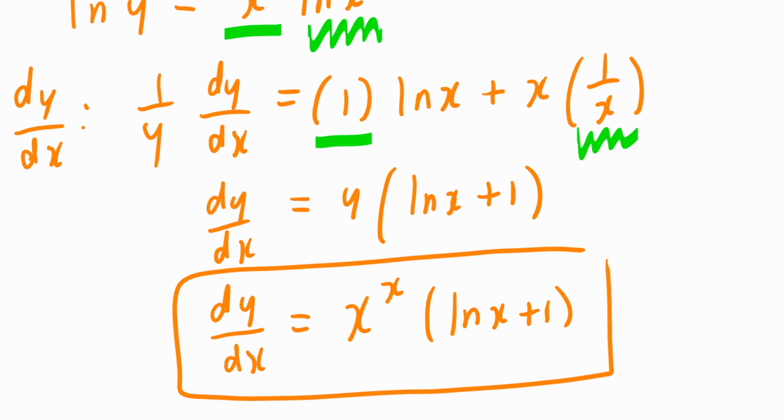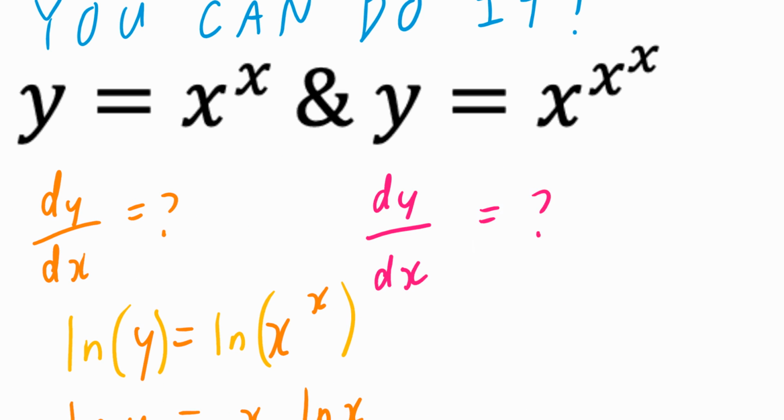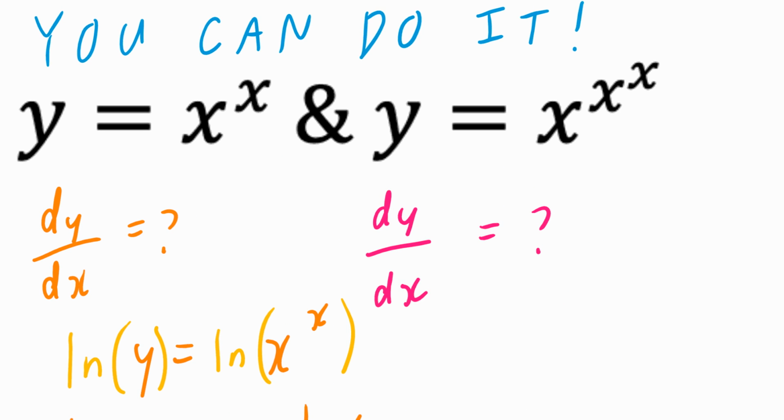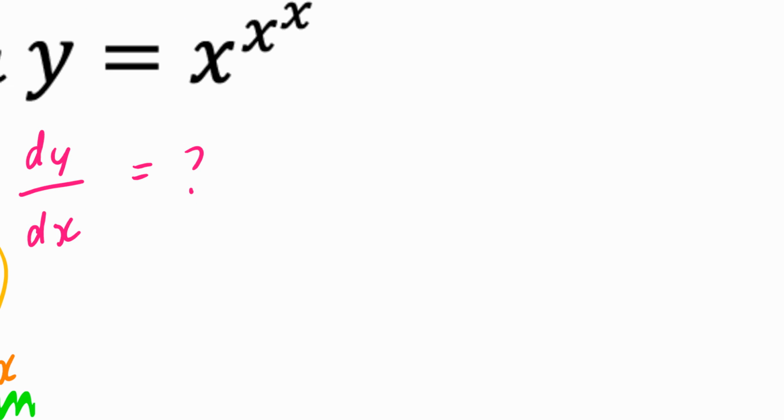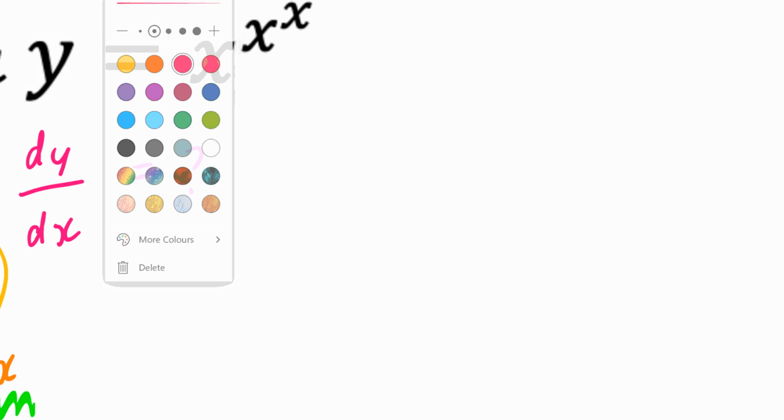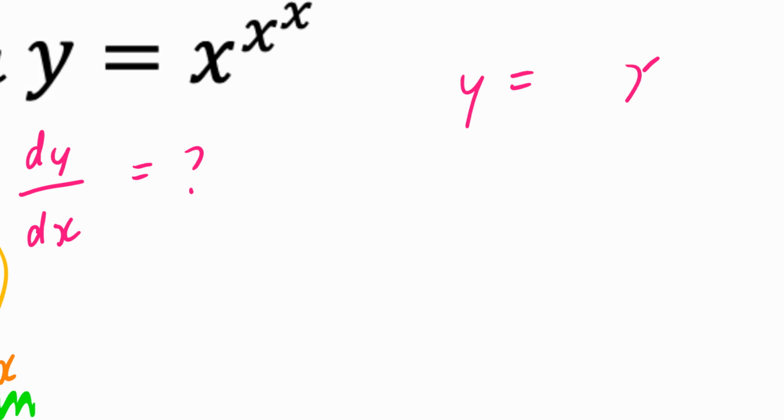Case number 2. What happens when y equals x to the power of x to the power of x? Same idea. In the second example, we need the first example to speed up the process. So if y equals x to the power of x to the power of x, step 1, ln both sides.